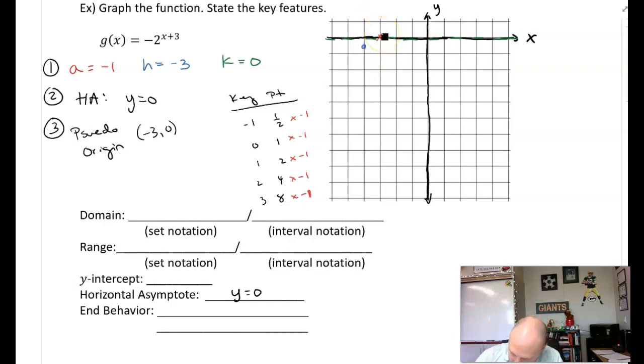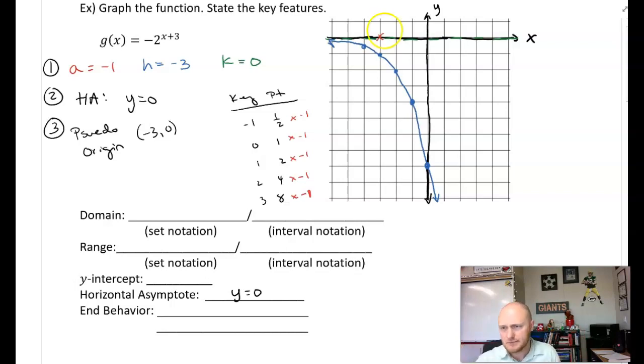So down a half, down 1, right 1, down 2, right 2, down 4, and then right 3, down 8. Okay, and then there are our key points. So we'll go ahead and try to graph a smooth curve through these points. Okay, add arrows, and there is our graph.